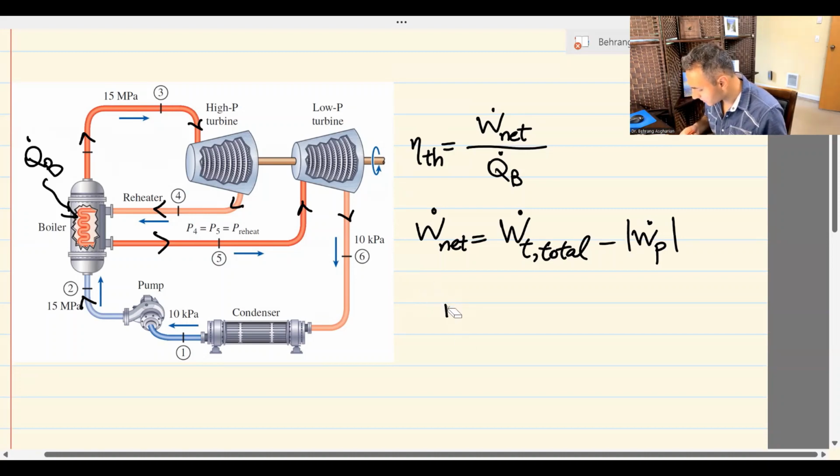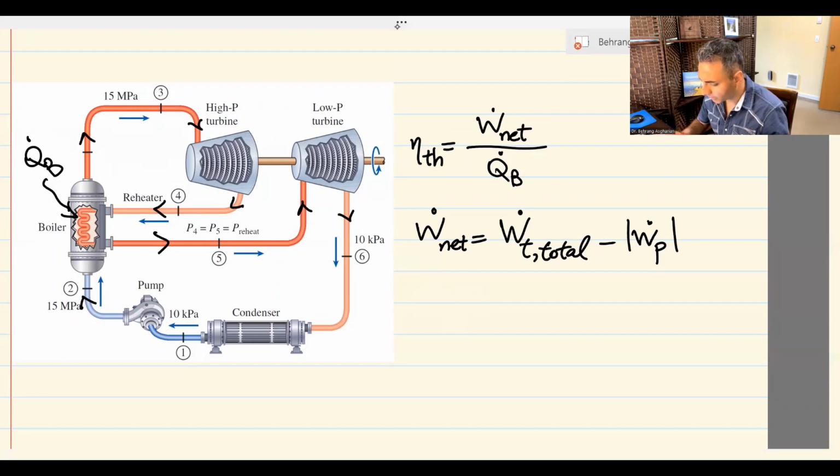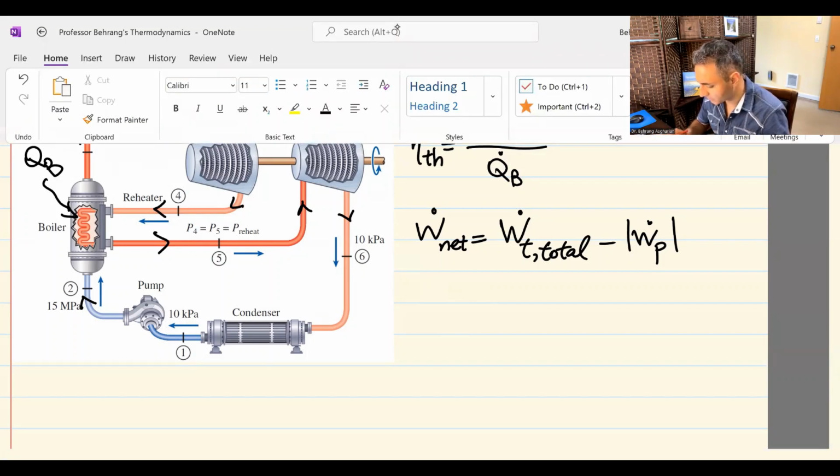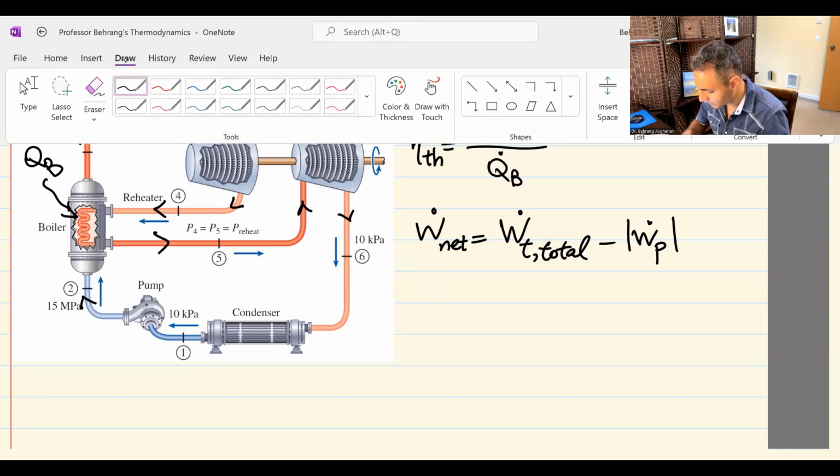So let's apply the first law on the boiler, on both turbines, and on the pump. In order to do that, you have to define some systems, right? Let's identify the systems we're going to look at.